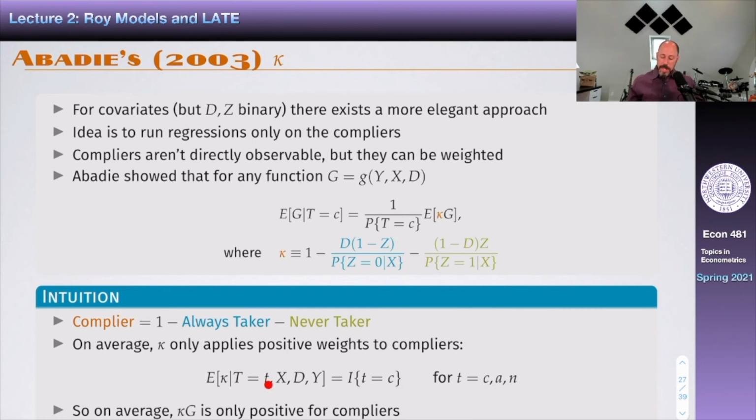So what is this saying? This kappa in expectation puts weight 1 if you're a complier, 0 if you're an always taker or a never taker. So on average, kappa times G is only positive for compliers. That's what's going on. And so how do you exploit this for estimation? Well, take the difference of squares of your function G, okay?